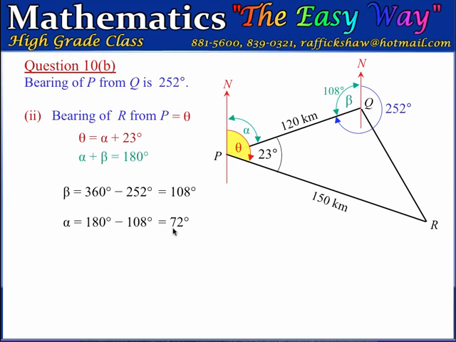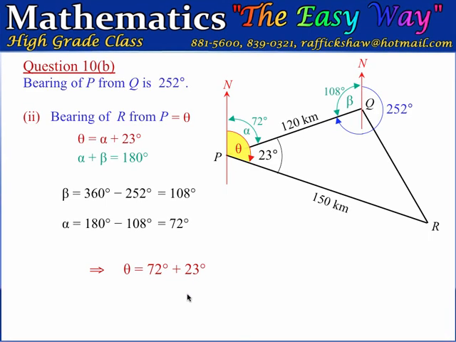And now that we know that alpha is 72 degrees, we can proceed to calculate theta, which is the bearing that we want. So let's show alpha on the diagram and then use that 72 degrees to find theta. And this is it. Theta will be equal to 72 degrees plus 23 degrees.